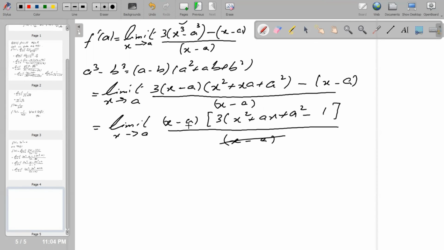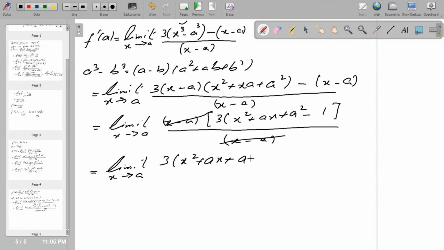So now if we cancel out this value and this value, we'll have only the numerator. Limit as x approaches a, 3 times x square plus ax plus a square, minus 1.